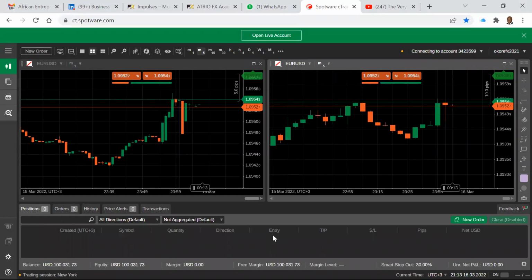Then the second thing is, let me see if I can get the right thing. On the left-hand side, there are two things you need to pay attention to. There's this thing here, and there's this thing here.